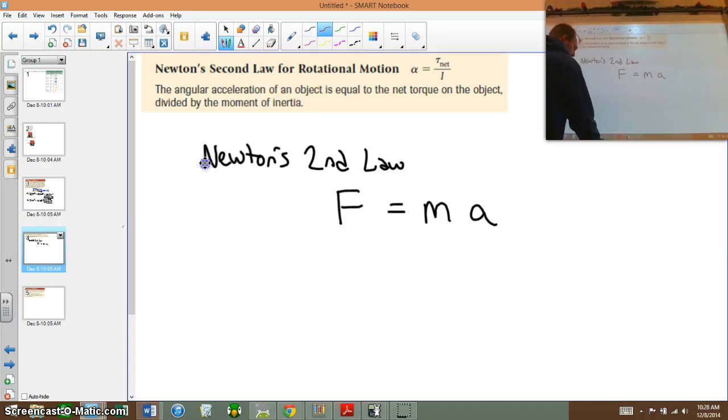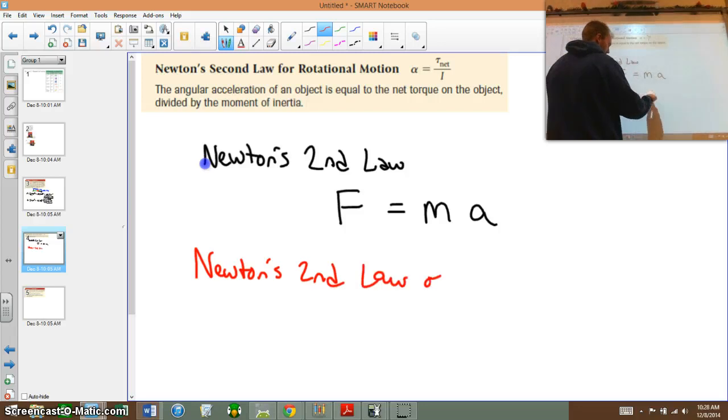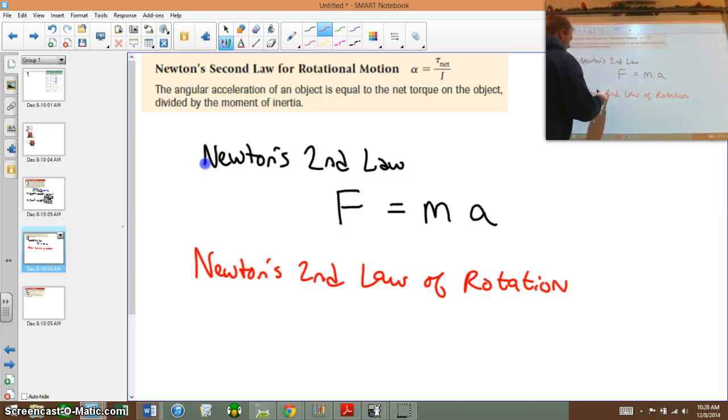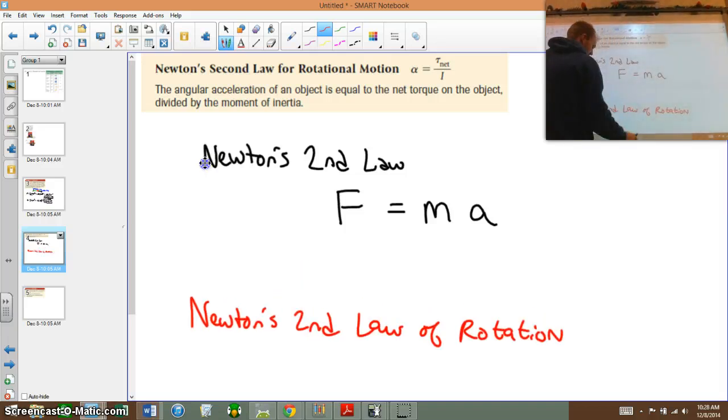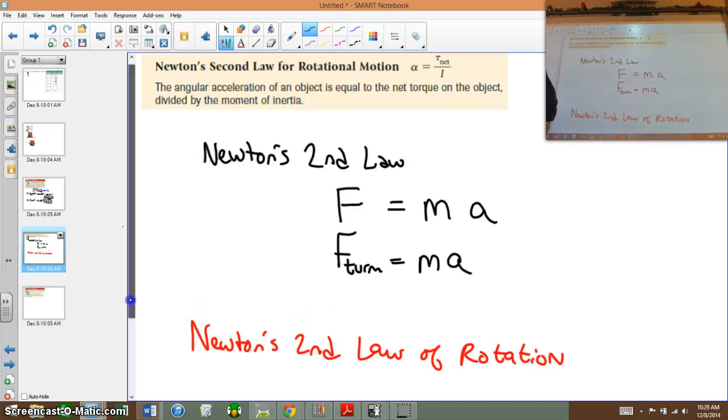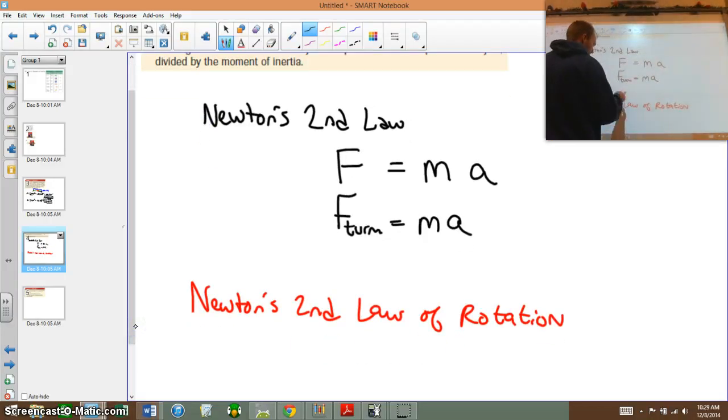So Newton's second law for turning is very similar to this, except I'm going to use the force to turn it, and it's the moment of inertia times the angular acceleration. There's a force that turns objects. We call it the torque, the Greek letter tau.